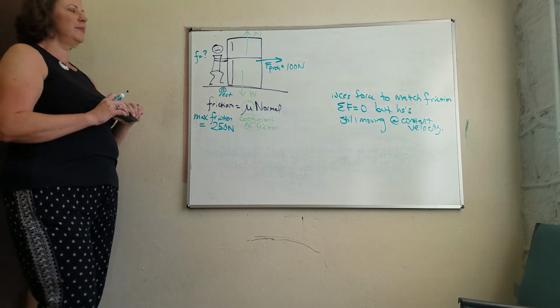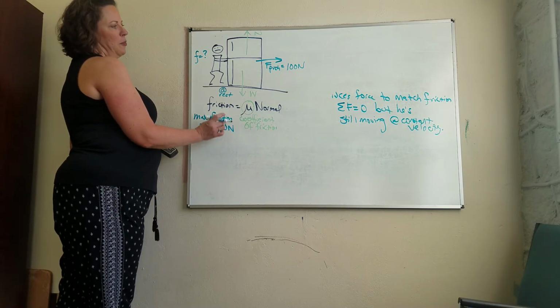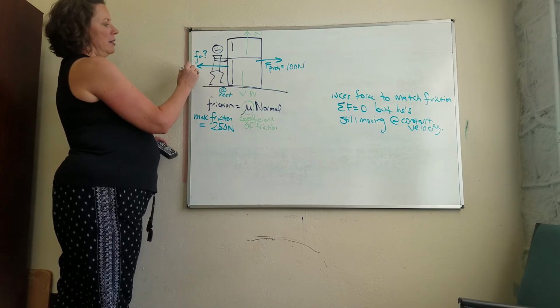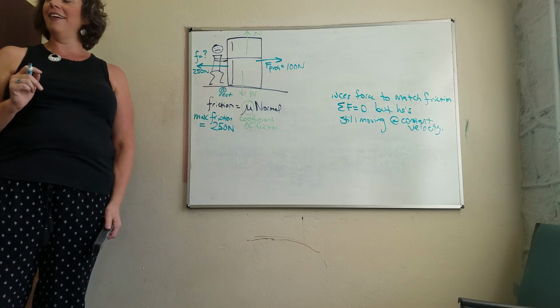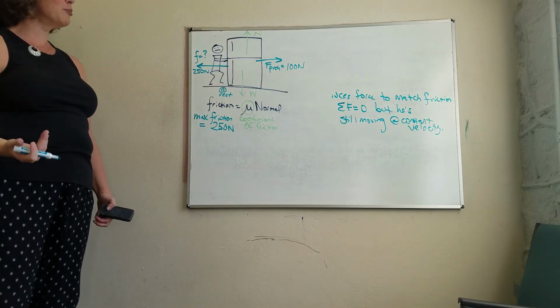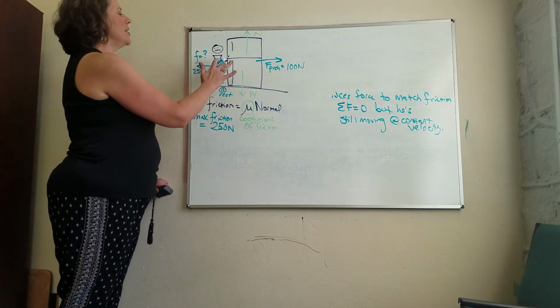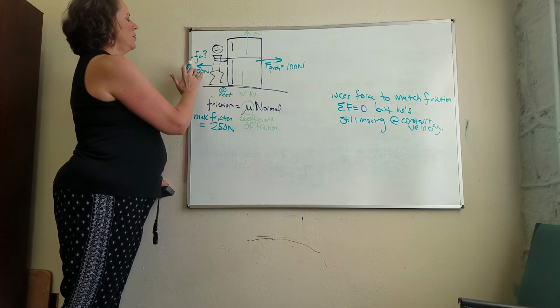The maximum friction is 250, but if I had a vector going this way, and it was that big, 250 newtons, would there be a net force here? Yes, there would be, and then the fridge would run me over and I would be dead, and I would be so sad. So the friction is not going to quite be 250 yet.